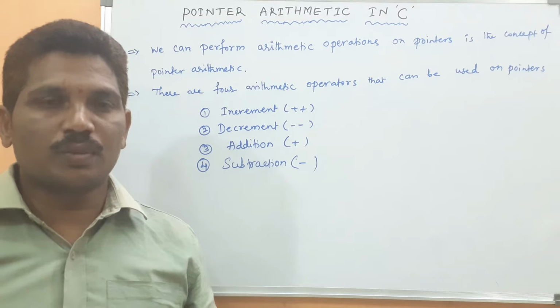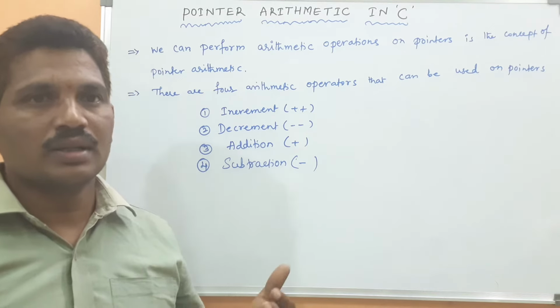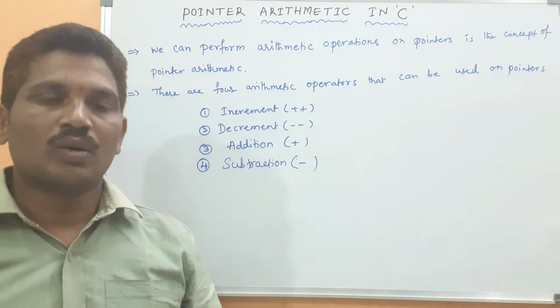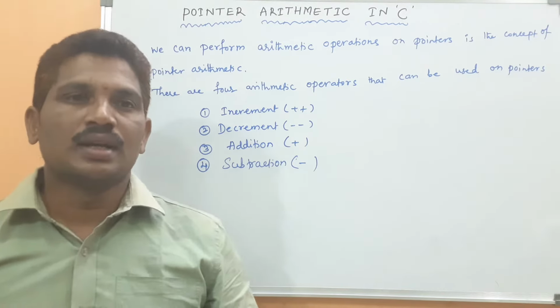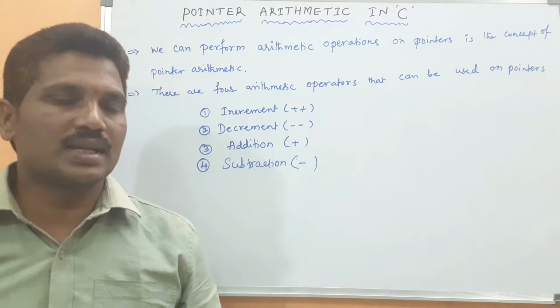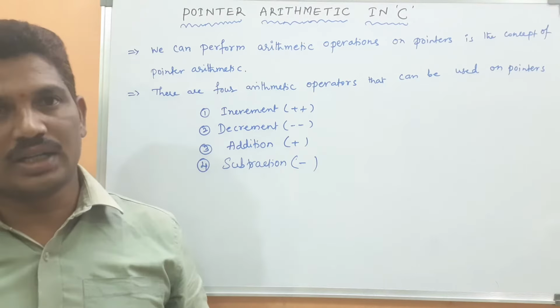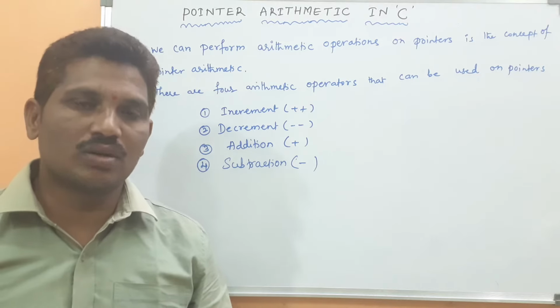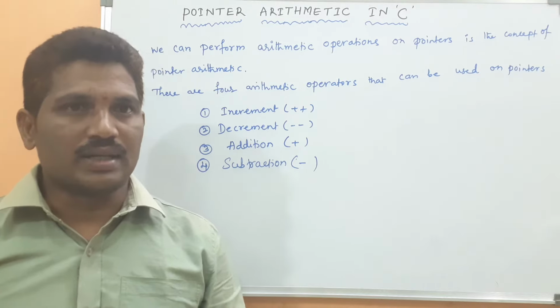Whenever you perform an operation on a pointer, that is called pointer arithmetic. What are the arithmetic operations? Plus, minus, multiplication, division, increment, decrement, modulus. These operators are called arithmetic operators.